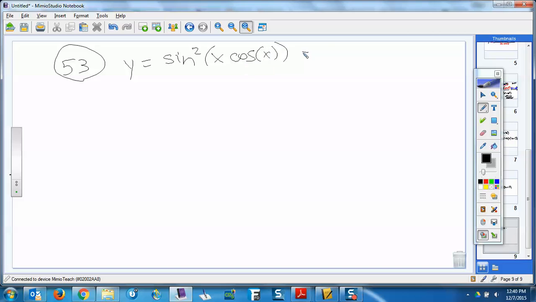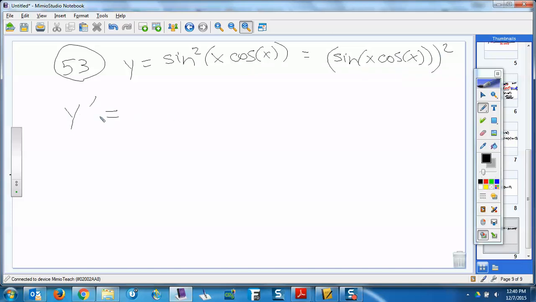And again, the biggest problem people have on that is they forget that that's really sine of x cosine x, all squared. So the outer function here is what? The power. A lot of times people look at this and think sine's the outer function. No, it's the square that's the outer function.